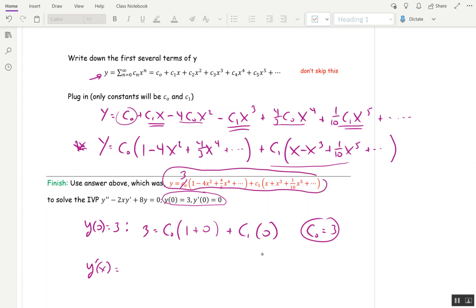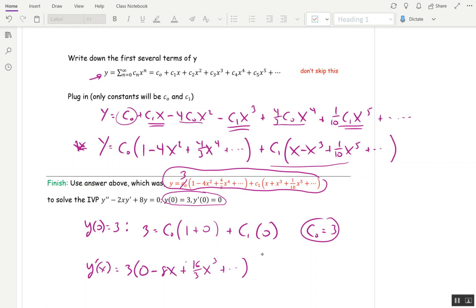So find y prime, take the derivative, we get 3, and then the derivative of 1 is 0. The derivative of 4x squared is 8x. The derivative of 4/3 x to the fourth, bring a 4 down, we're going to get 16/3, and it's positive, x cubed plus dot dot dot.